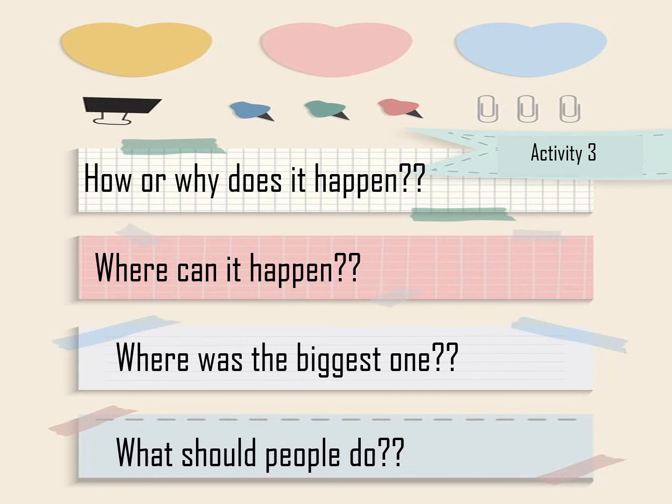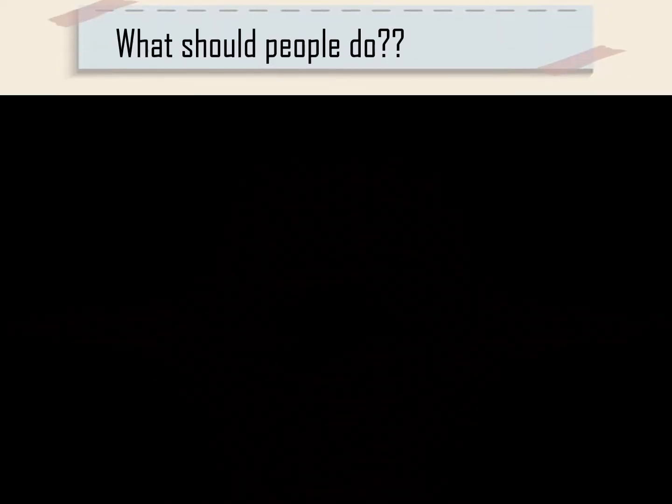Number 1, how or why does it happen? Number 2, where can it happen? Number 3, what is the biggest one? What should people do? To help you get the answers to these questions, please watch the video to collect more information.